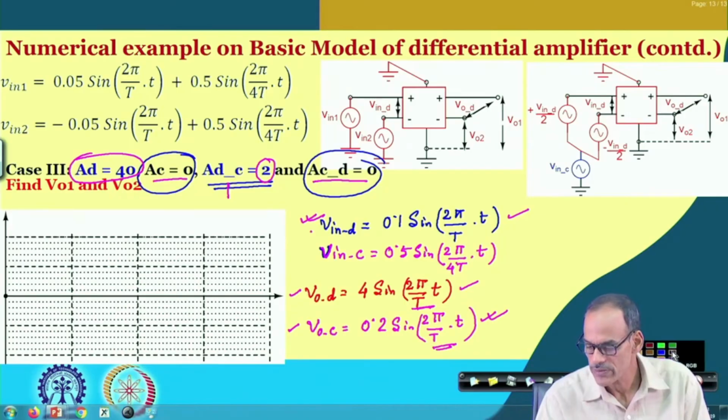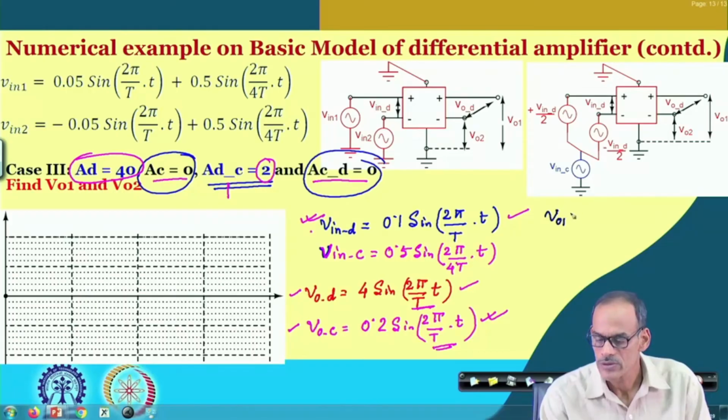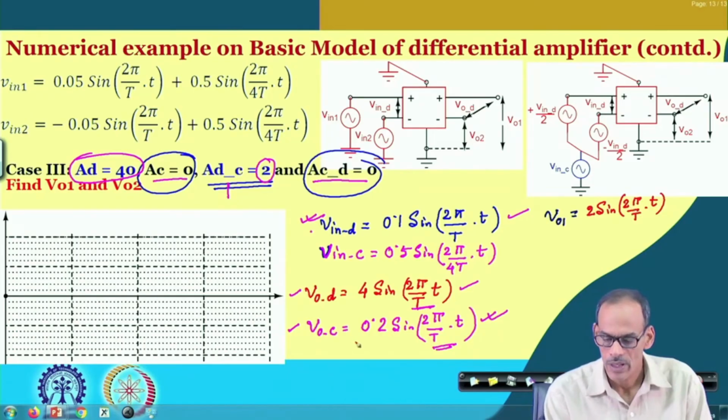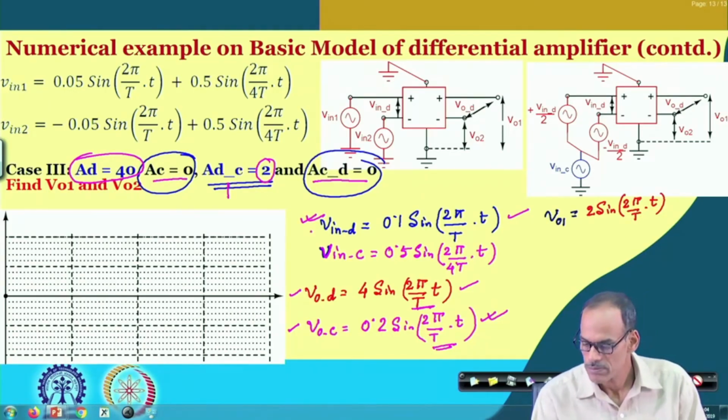So, as a result, if you see the individual output, say VO1, it is half of this differential 2 sin 2 pi by T into small t, plus 0.2 sin 2 pi by capital T into small t.